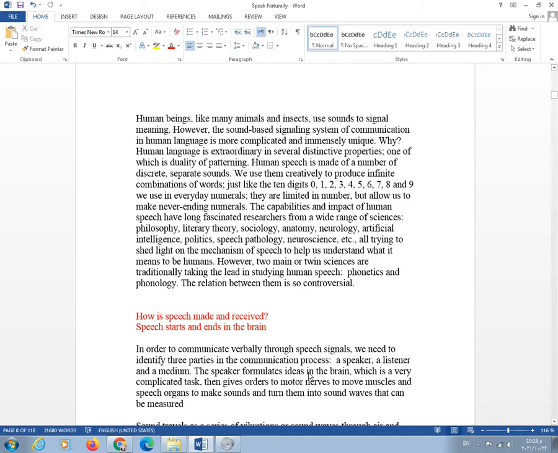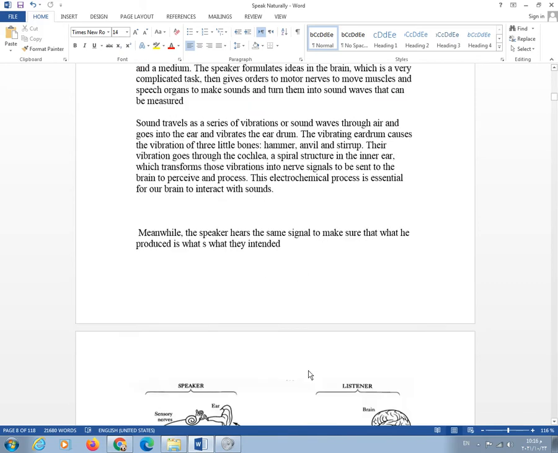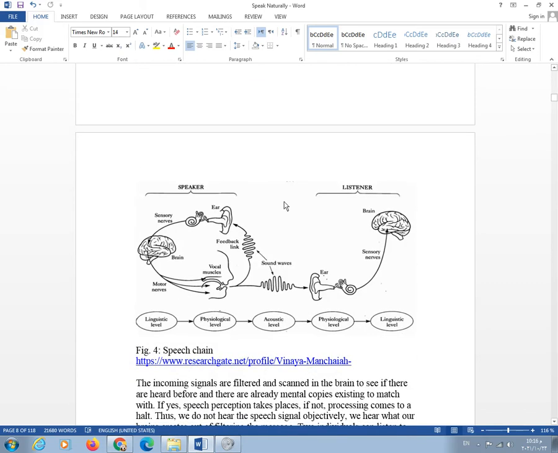How speech is done happens in the brain. It starts in the brain and it ends in the brain. This is a quick view of what we call the speech chain. As you see, the speaker thinks of something to say, and then the brain gives orders to the motor nerves to make the vocal muscles or the speech organs work, and to turn the idea that the speaker generated into sound waves.